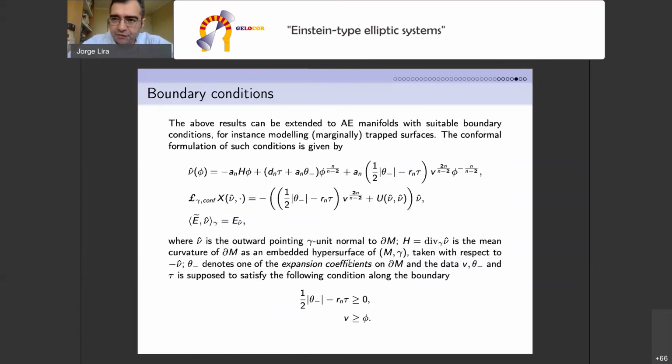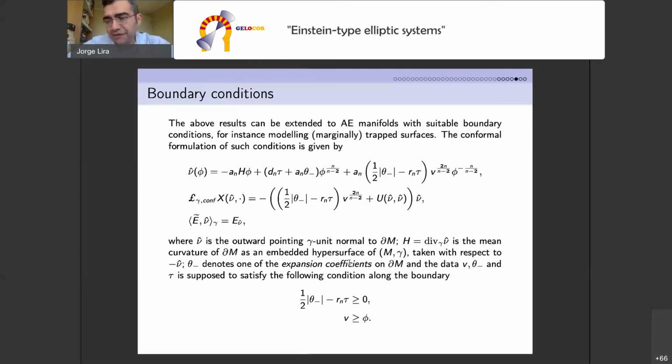And then you can also produce some existence results along the same lines, basically prescribing the conformal factor and the mean curvature and the second fundamental form in general. But besides that, the behavior of these geometric and physical data along the boundary components. And it's possible to solve these sort of, say, Robin boundary conditions along these trapped surfaces that are the connected boundary components of the initial manifold M.